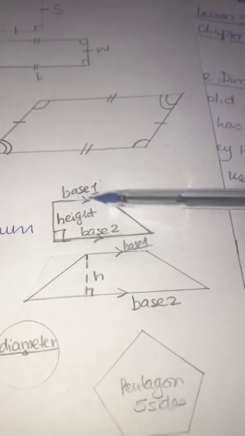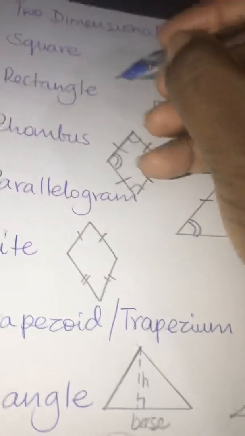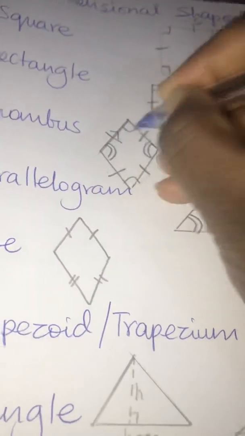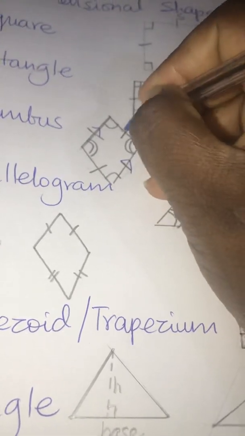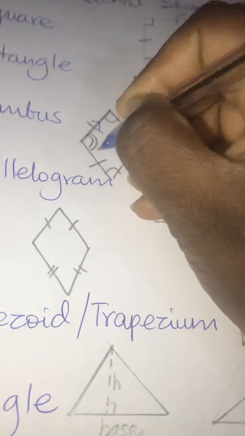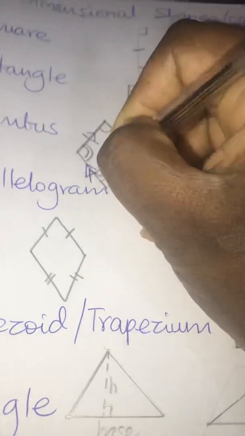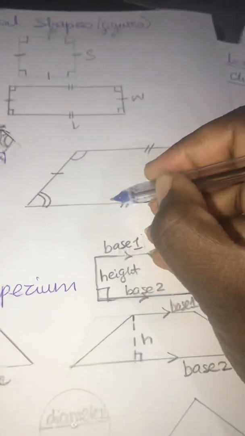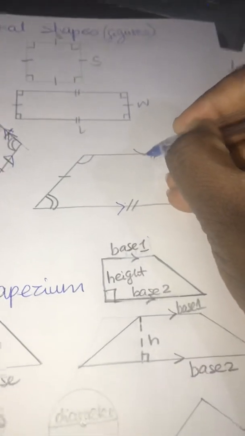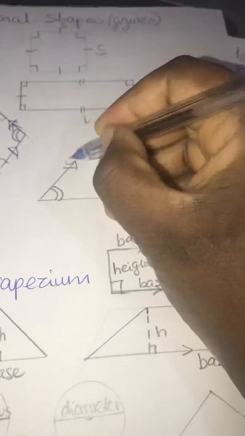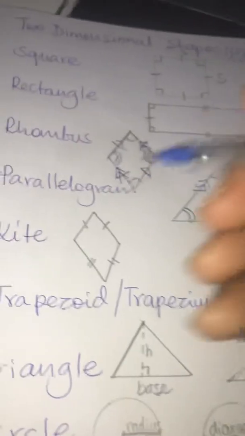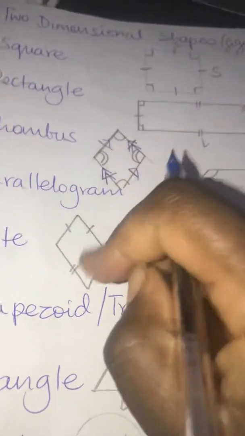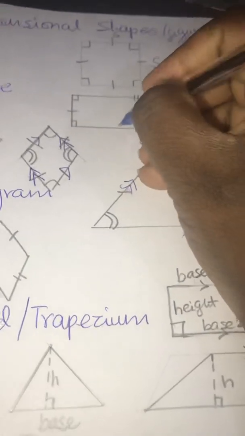The opposite sides are parallel. So even here, the opposite sides are parallel. Okay, same thing here. Opposite sides are parallel. Okay. These ones, no. Here, yes.